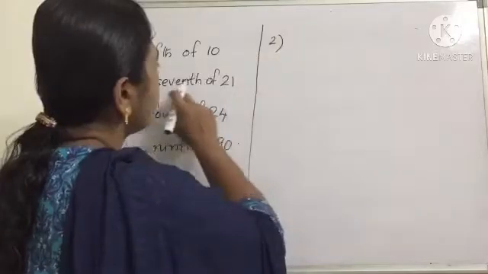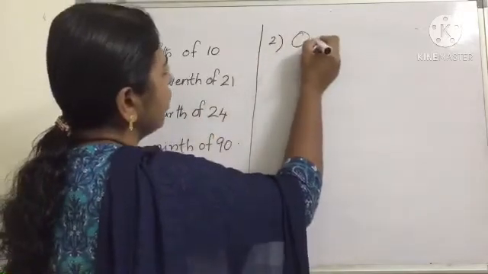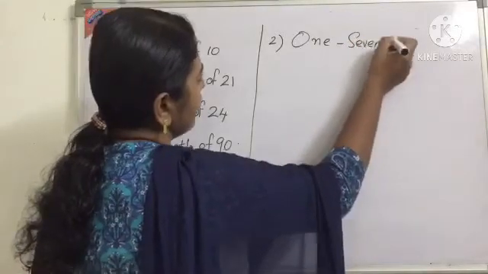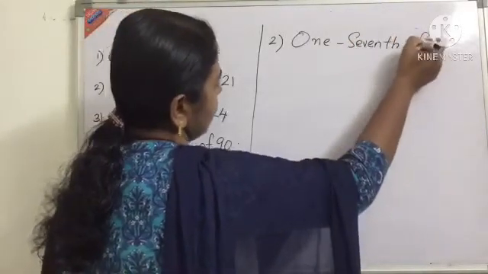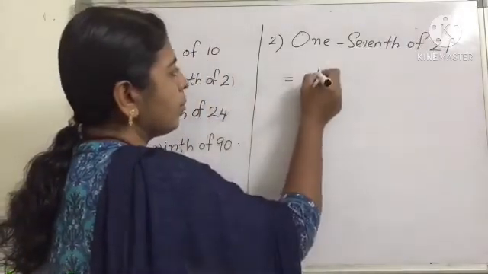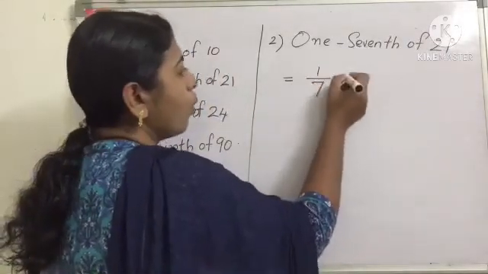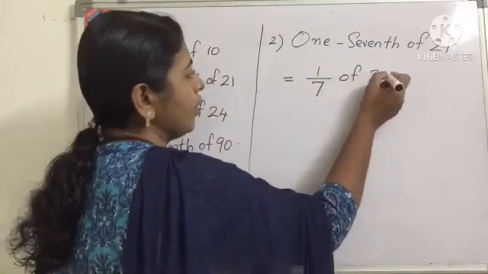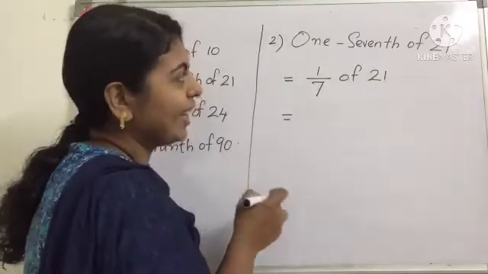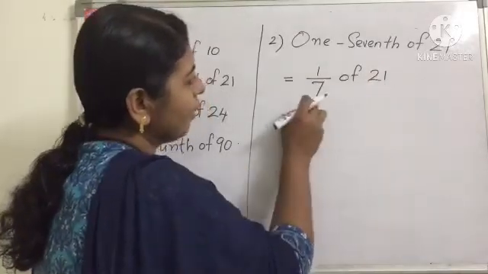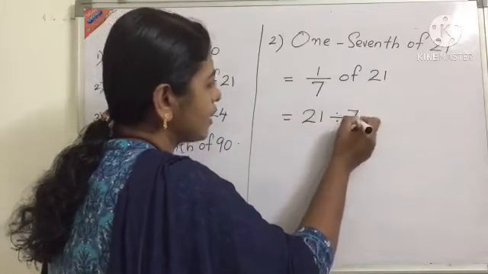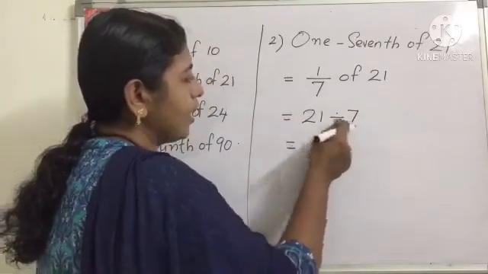Second question, 1/7 of 21. How will we write it? 1/7 means 1 by 7 of 21. It's 21 divided by 7.